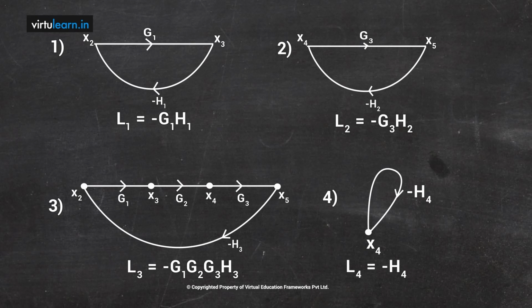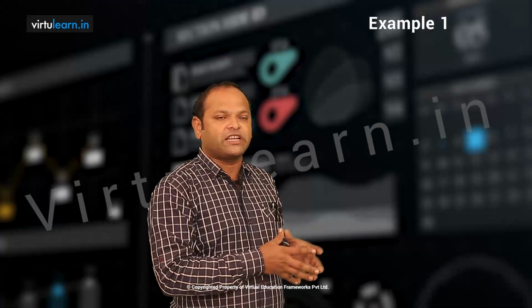So we have got forward paths, individual loops, two non-touching pairs and three non-touching pairs. So we just substitute all these things in Mason's gain formula.